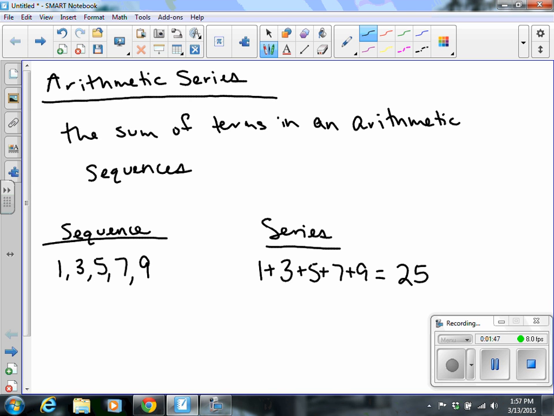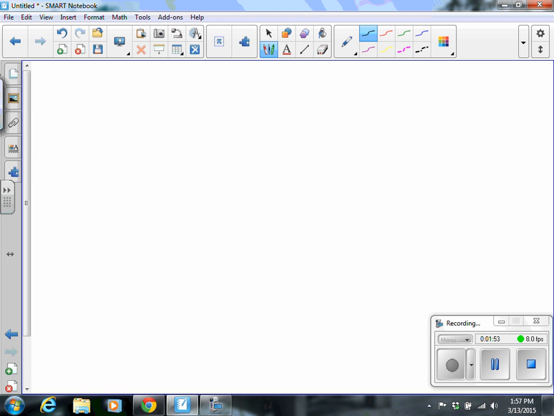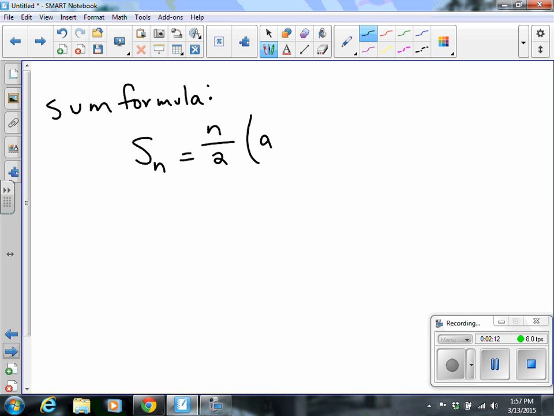Now, there is a special formula that you can use in order to figure out the sum. So that formula, this is my sum, equals n divided by 2, parenthesis, a1 plus an.